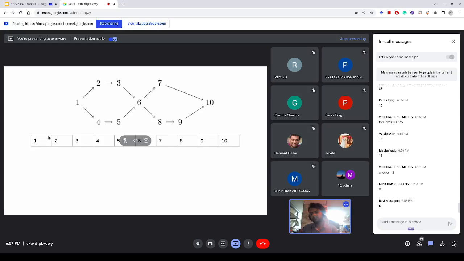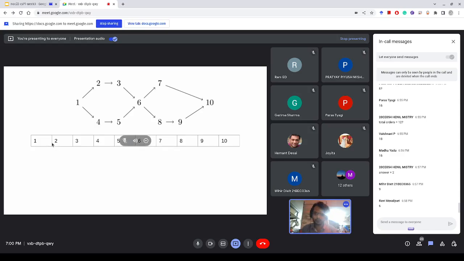If you look at this current ordering, 1 2 3 4 5 6 7 8 9 10 written in order, and fix the edges to it, you will have edges 1 to 2, then 2 to 3, 1 to 4, then 4 to 5, and 3 to 6. You see any of the edges from the above graph only go from backward to forward. Any edge is going to connect a backward node directed towards a forward node, so that will be a valid topological ordering.